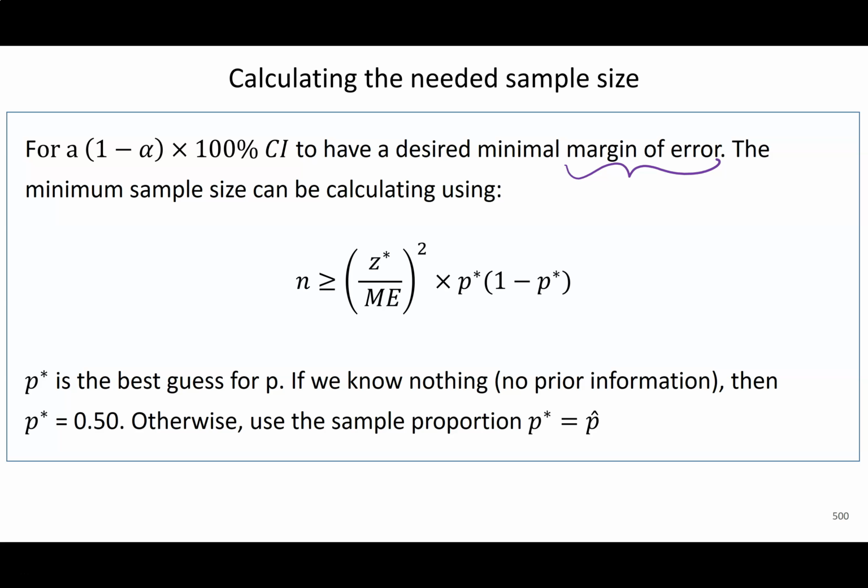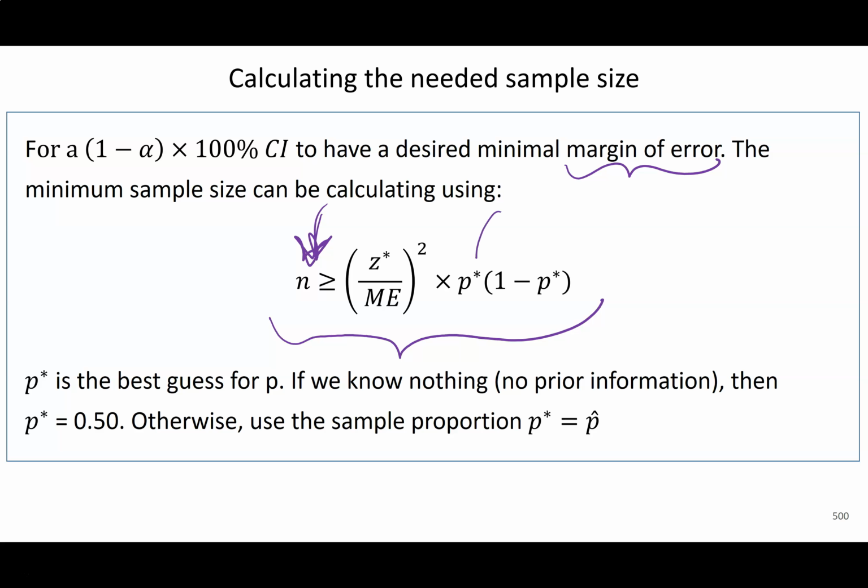So this should be half the length of the entire interval. And you can use this here. So this will be the smallest sample size you need in order to have a whatever confidence level interval such that that is not going to be wider than that specification.